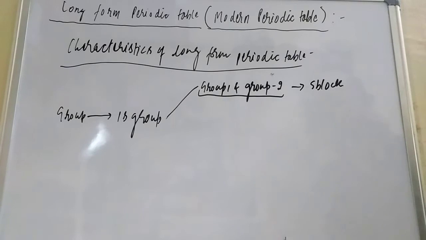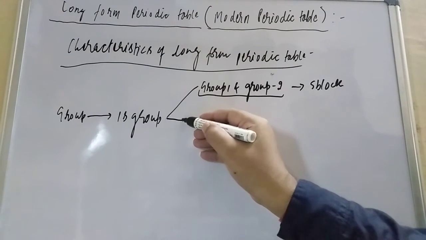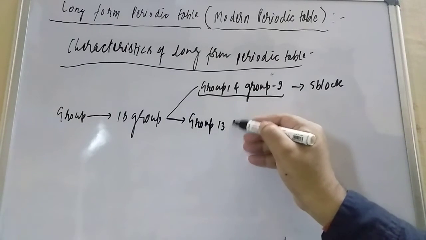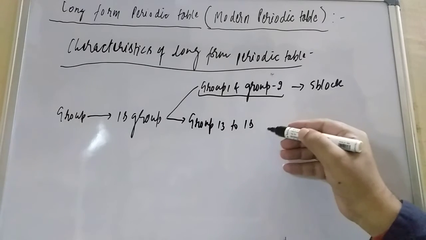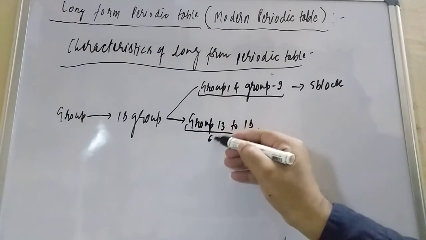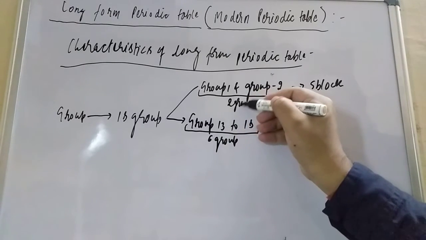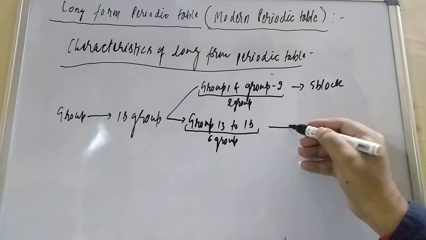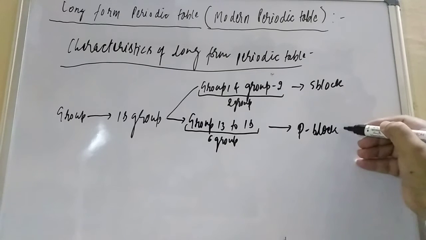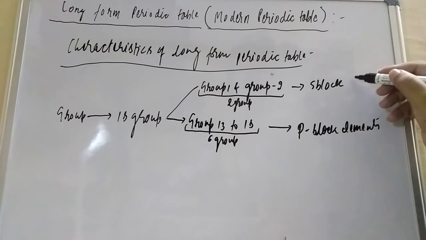Then the next one, if you talk about group 13 to 18, how many groups? This is a total of 6 groups. These groups are known as P block elements, and here are the S block elements.